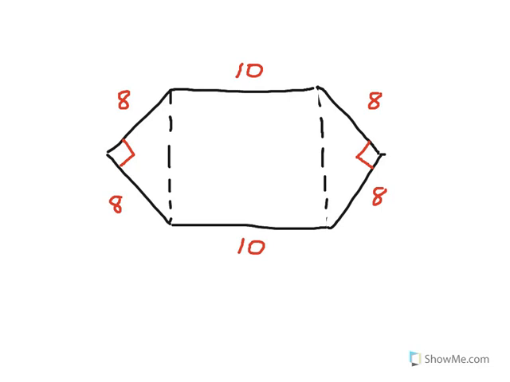So I look over on the left and right where I've got two right isosceles triangles. So that means that these are actually 45, 45, 90s. This is a 45-degree angle, and this is a 45-degree angle. So if the legs of those are 8, it means that the hypotenuse is 8 root 2, and that's on both sides.